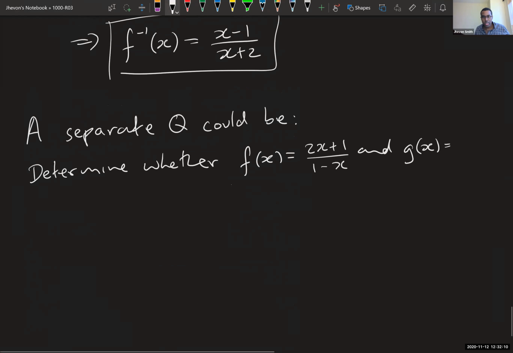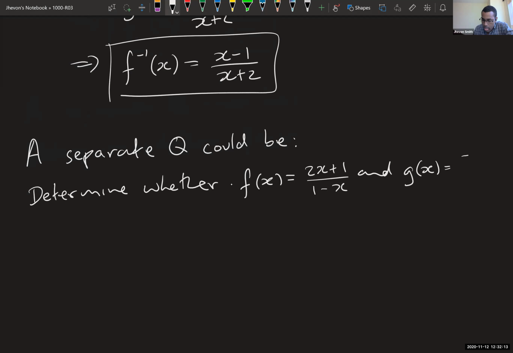So we know the answer should be yes: (x minus 1) over (x plus 2) are inverses of each other.